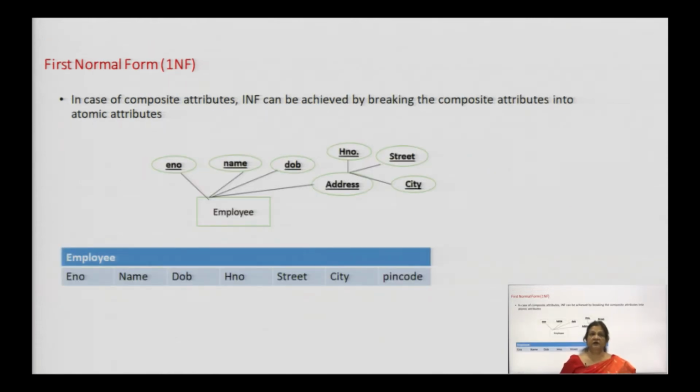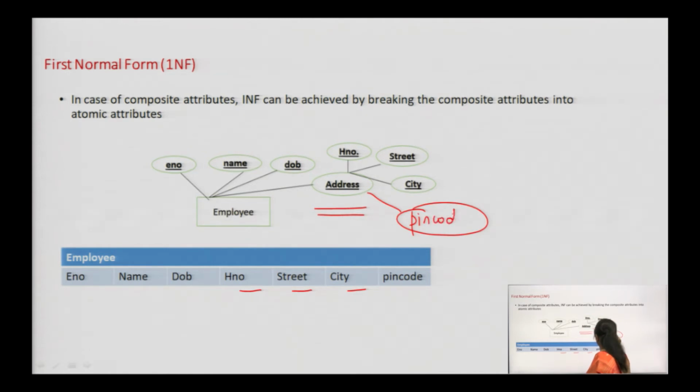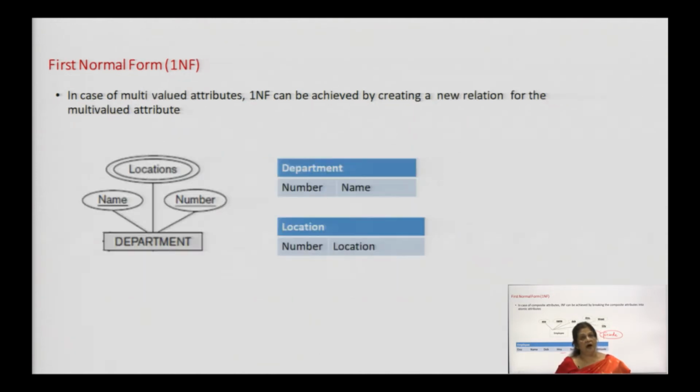For this reason, it is important that in the first normal form, in case any entity has a composite attribute, like we have address over here, then all the atomic parts of the composite attribute are taken as the attributes, like we have used house number, street, city and pin code over here. We will not use address as an attribute which is a multi-valued, composite attribute.